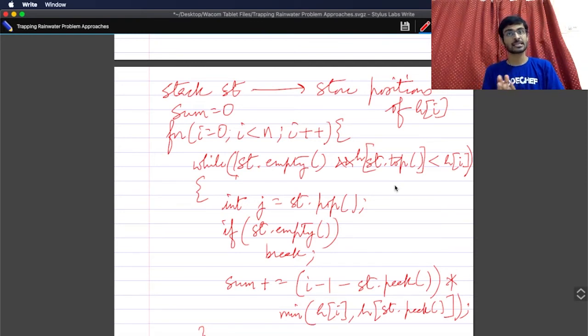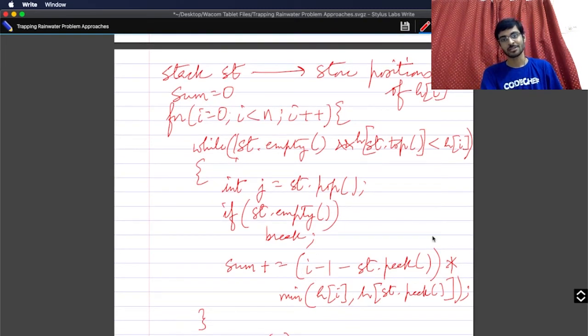But I hope this idea is clear, and see how we are again approaching it, how we are using the next greater and previous greater. Next greater and previous greater doesn't mean that they will determine the height, but up to an extent it will determine the height, and we can see how it is finding out the answer. Okay, this range is important. This range is taking care of that.